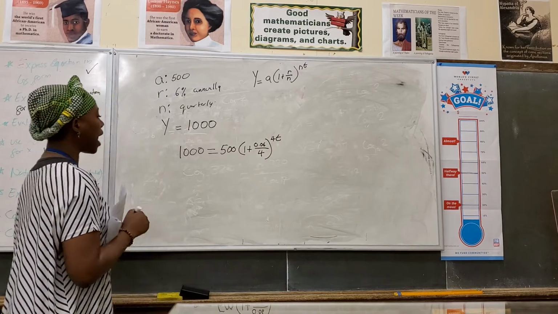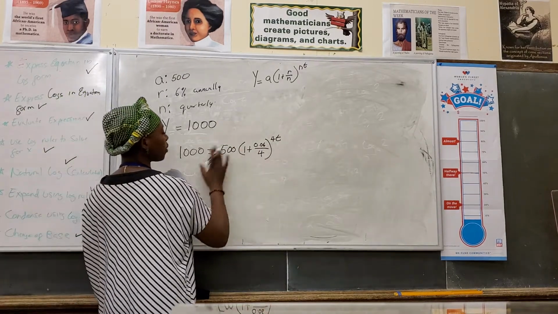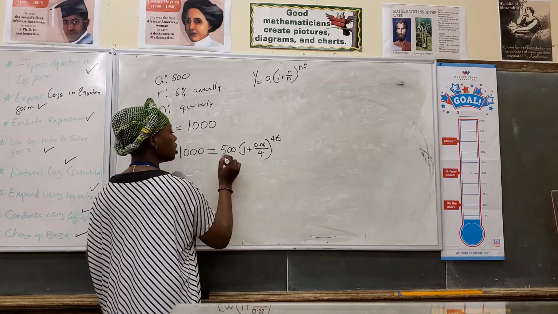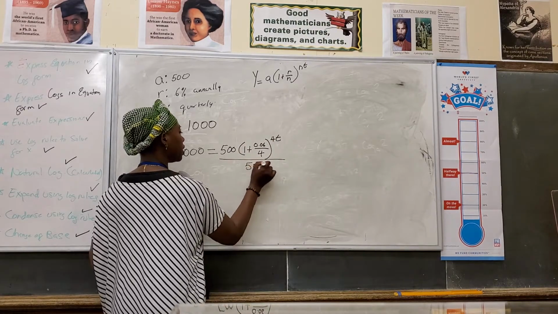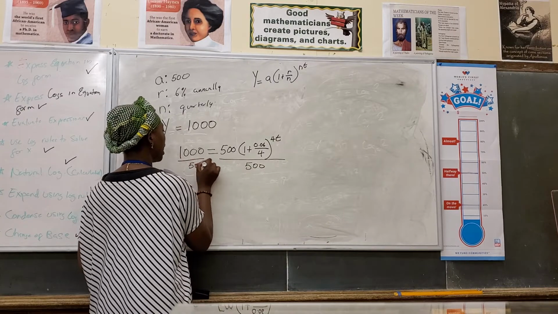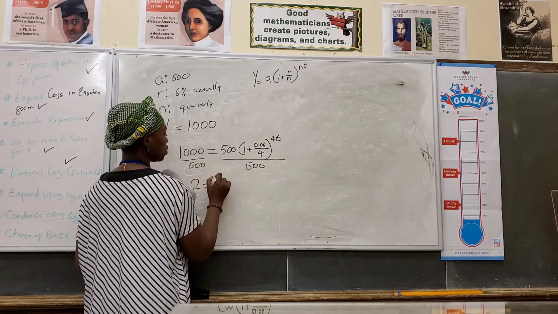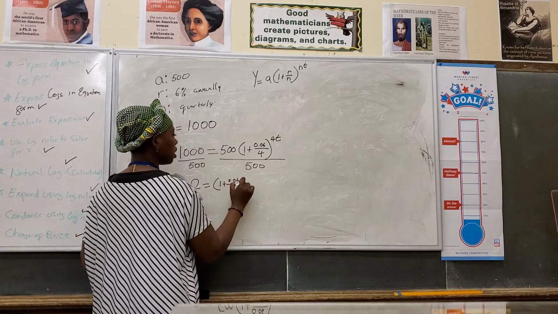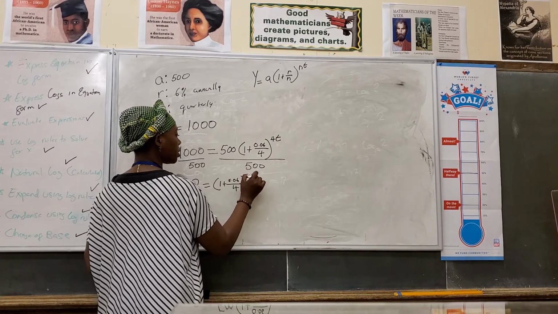So then we go ahead and solve. First thing we do is divide both sides by 500 because we want to isolate this. So divide by 500, divide by 500, I get that 2 is equal to 1 plus 0.06 over 4, in parentheses, raised to the power of 4t.